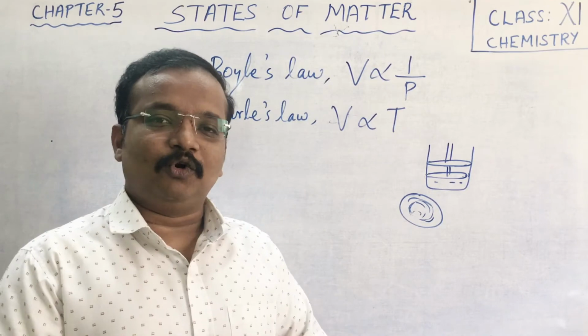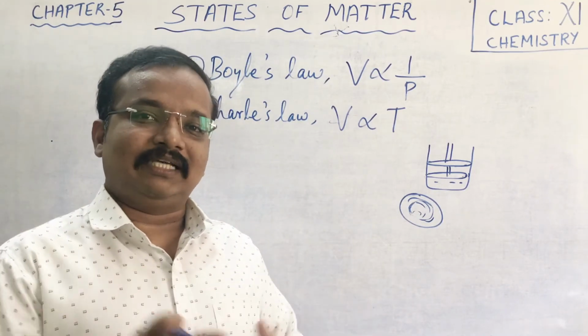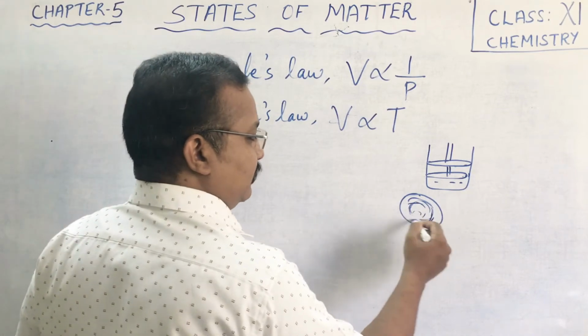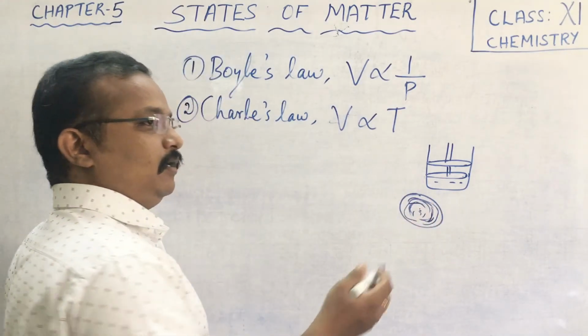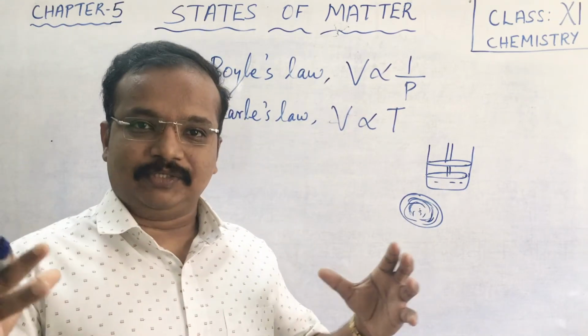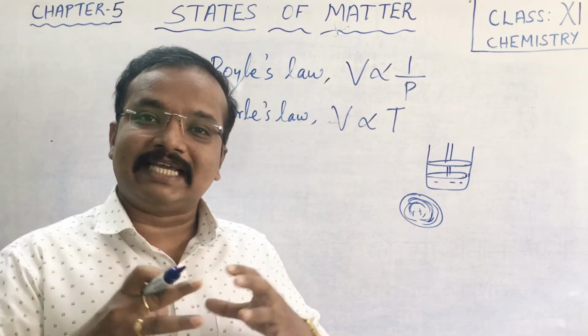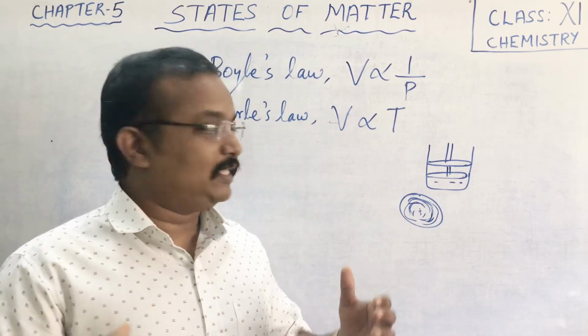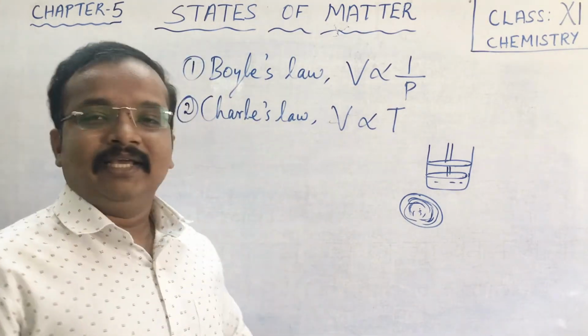The balloon will blast. Why does the blasting take place? Because the air inside the balloon actually increased. That is, the volume of the gas increases when temperature increases. So that's what is explained by Charles' law.